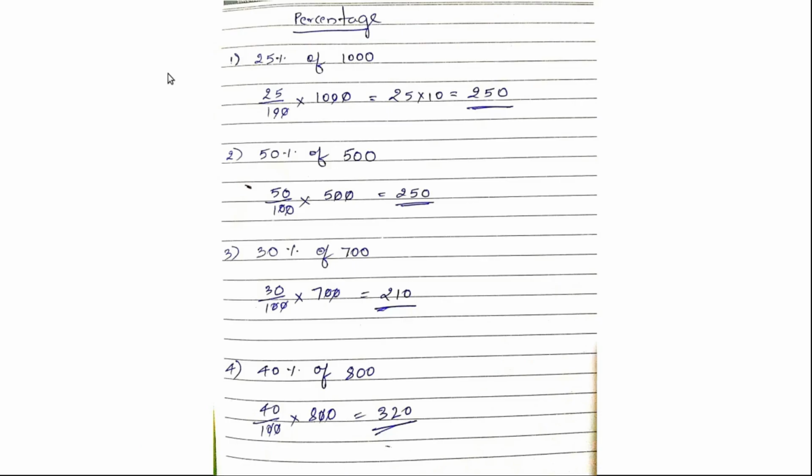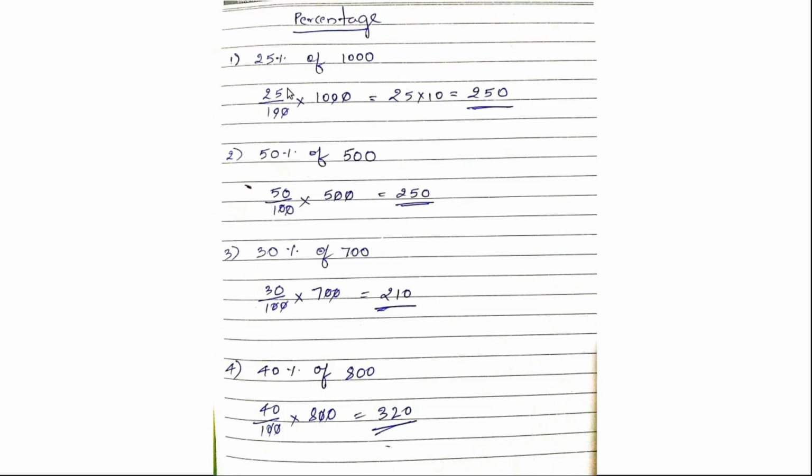We have a few more examples on percentage. First one, how to find the 25% of 1000. Whenever you go shopping, if a shirt or a pant is 1000 rupees, and there is a 25% off on that particular item, how much off will you get?